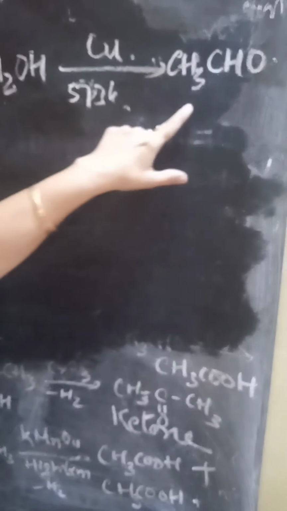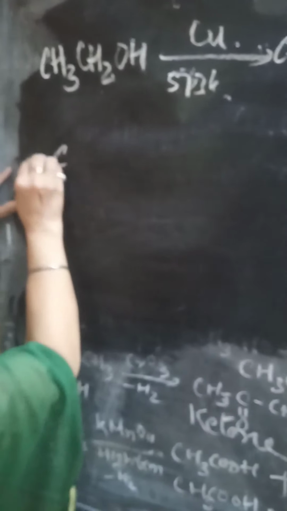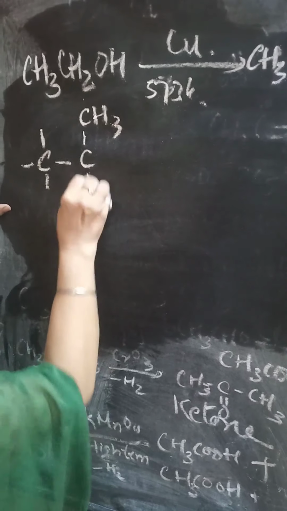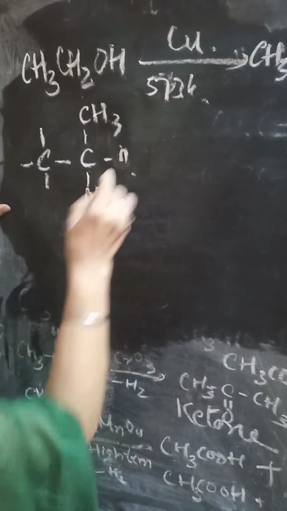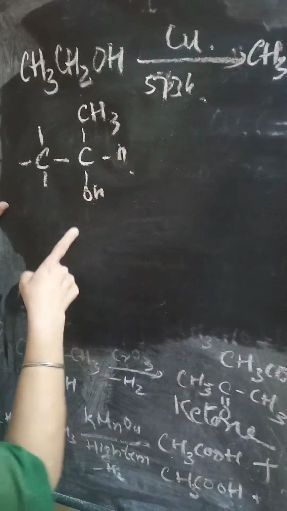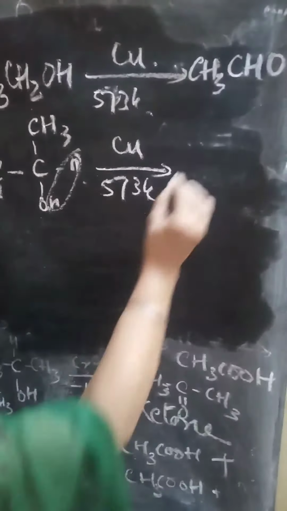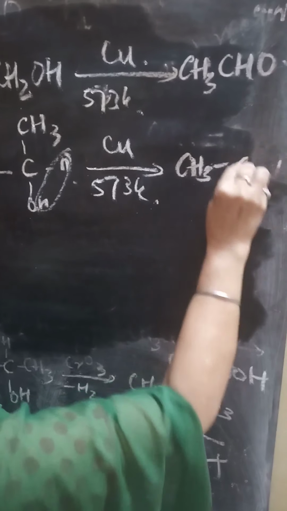Primary alcohol will give the aldehyde group. This is the secondary alcohol. When treated with the same substance at the same temperature, it will take out this hydrogen from here and form ketone.